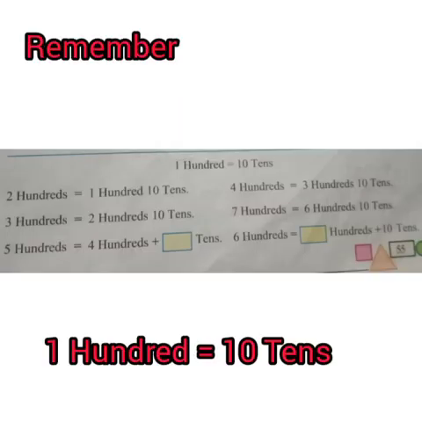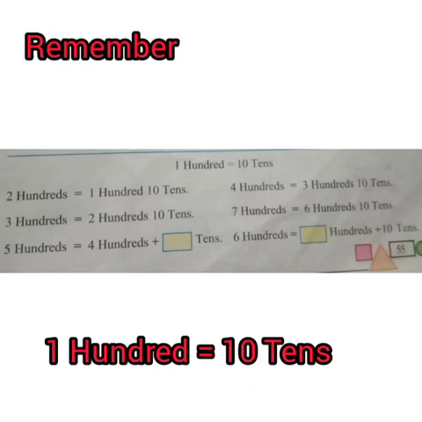Students, always remember 100 is equal to 10 tens. I repeat, 100 is equal to 10 tens. Here are some examples. First, 200 is equal to 1 hundred and 10 tens. You can write it like that because I told you earlier 100 is equal to 10 tens.